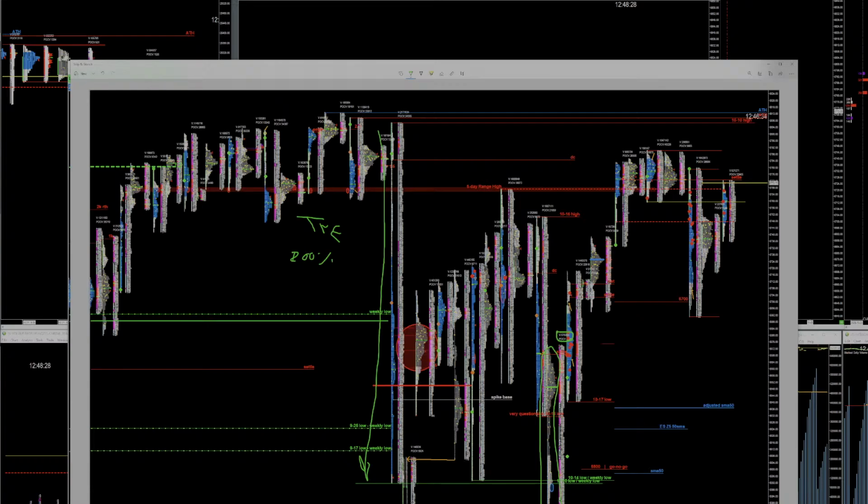We had this big break there. I'm not going to talk about the context now, but before that we had really laggard buying coming into this market, then a big break, and then back and forth, some sort of rebalancing.